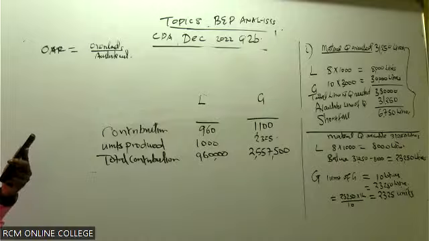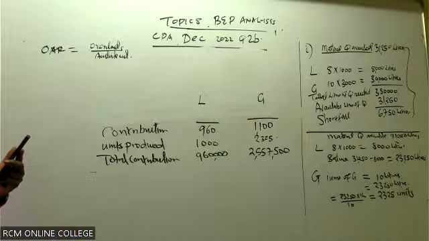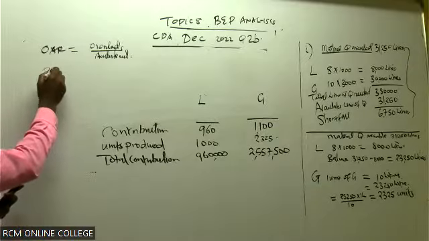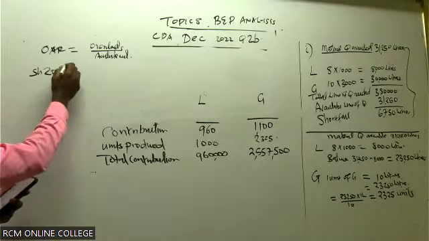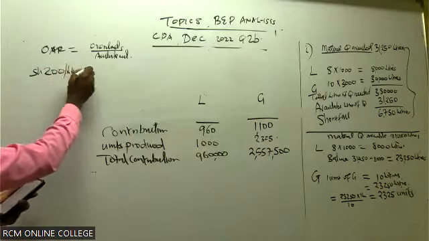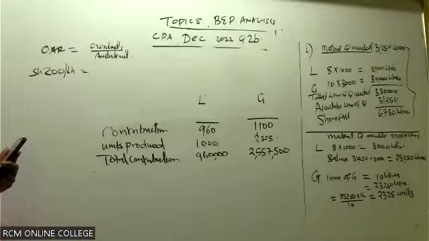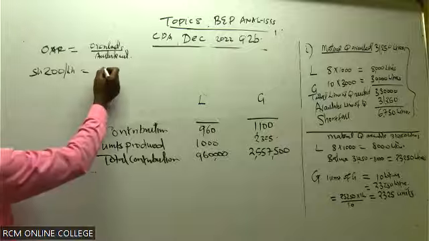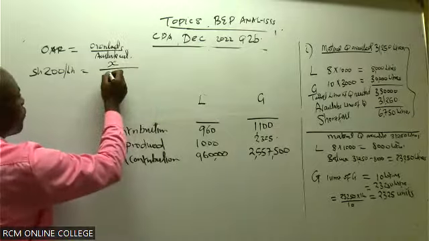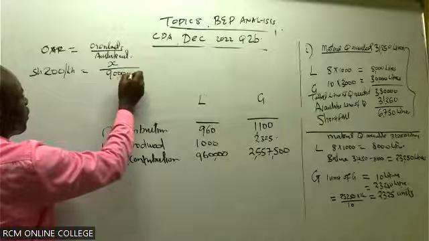The fixed production cost per unit is based upon an absorption rate of 200 shillings per direct labor hour. Total annual production activity is 90,000 direct labor hours.